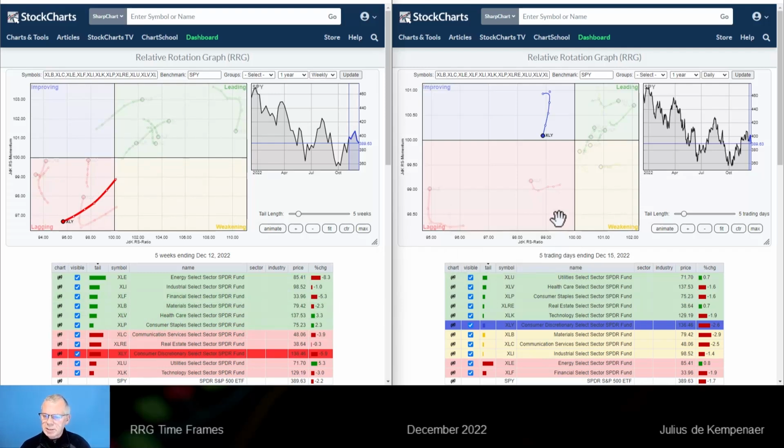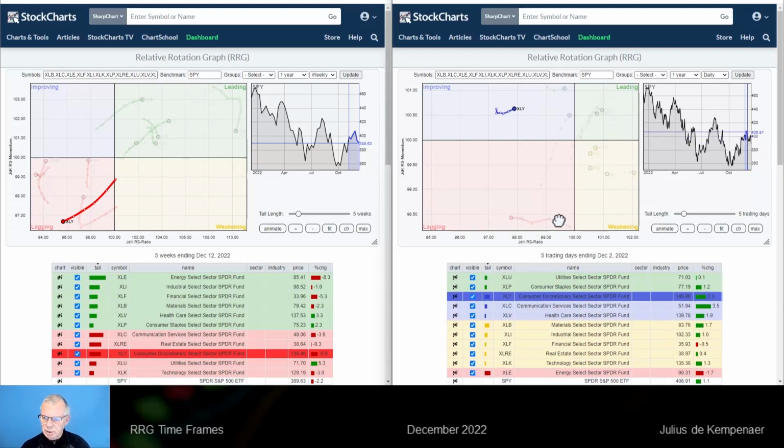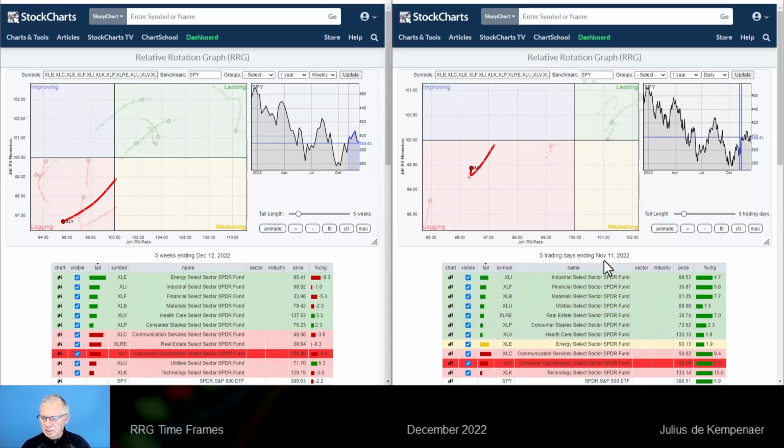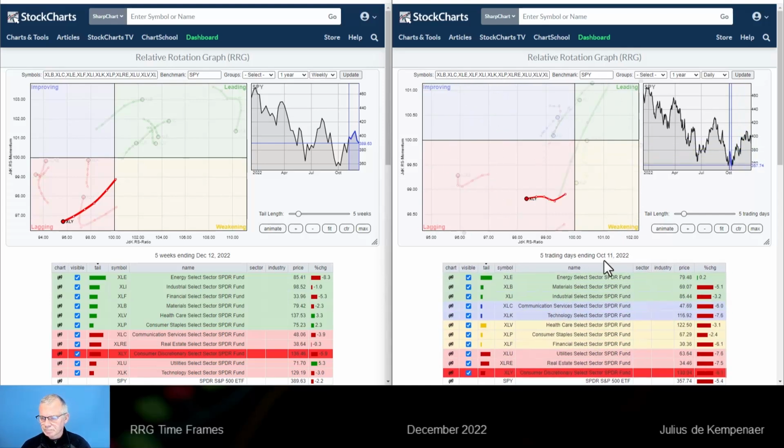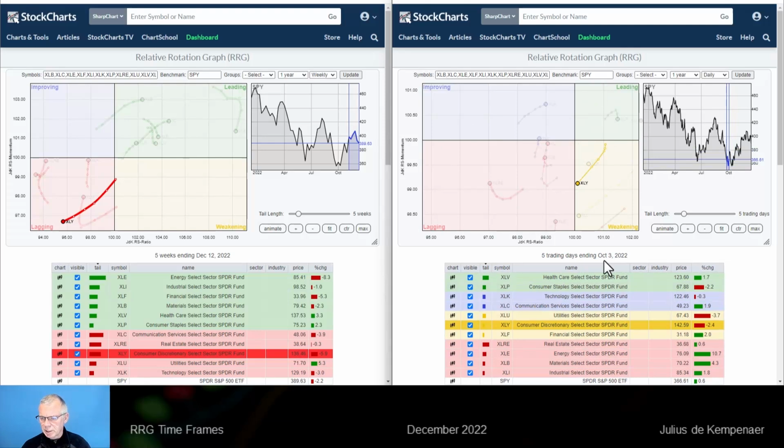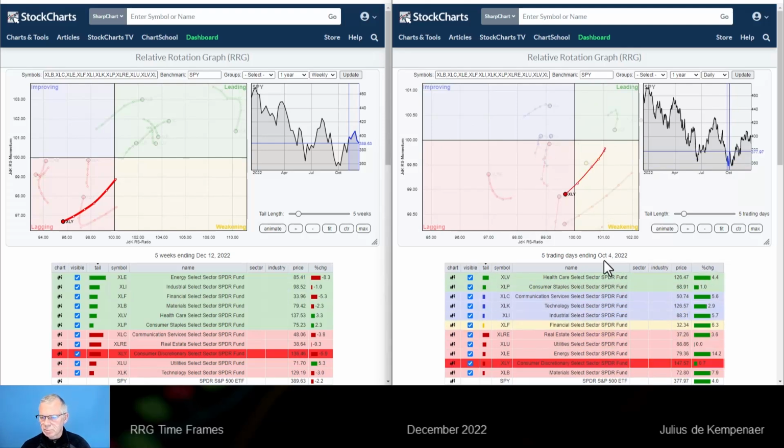But it becomes really interesting when we scroll back to the start of October. So you can actually look at the date right here. So what this means is that the last point on the tail is now the 2nd of December. So I'm going to scroll back to the first week of October. And that's right here. So this is when the daily actually crosses over from weakening into lagging.